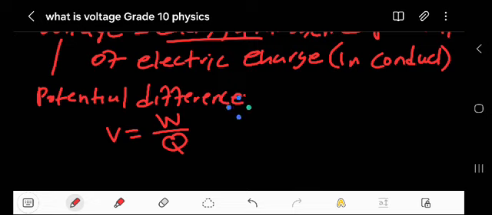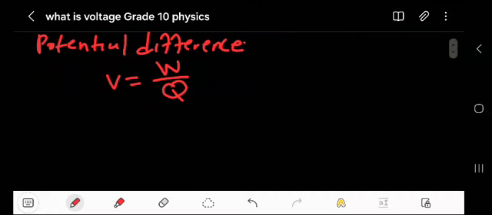So that is a voltage. In actual fact, voltage is simply 1 joule per coulomb, whereby work, or energy, has its SI unit measured in joules. So voltage is joules per coulomb.